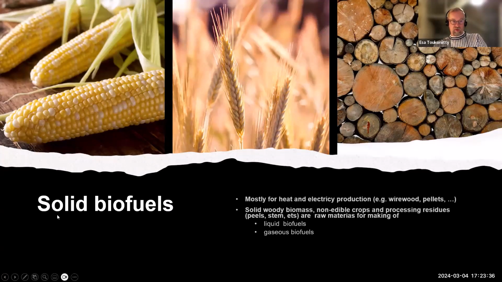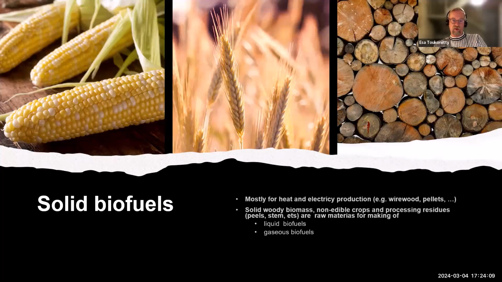Solid biofuels, so here are some examples. You'll see here this woody material, and then here is some crop material like maize and wheat, grain materials and such. Basically, I come from Finland, and we use quite a lot of wood, like on this right hand side here.